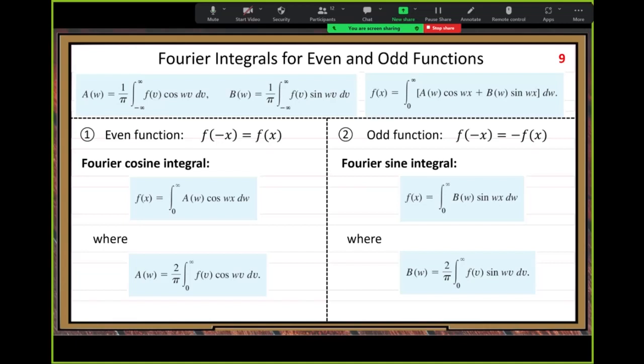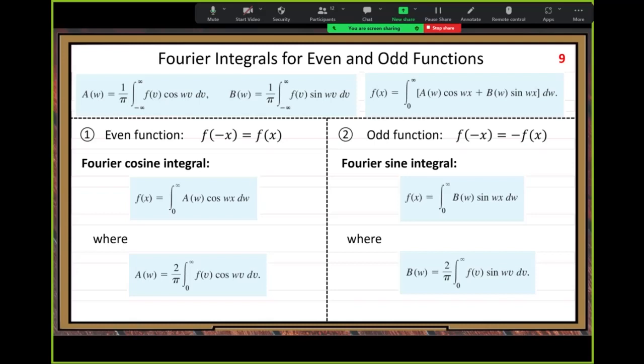Then there is another intermediate step before the Fourier transform: the Fourier cosine transform and Fourier sine transform. If we put these two formulas together in one formula, because we can plug in, we actually do not do anything new.